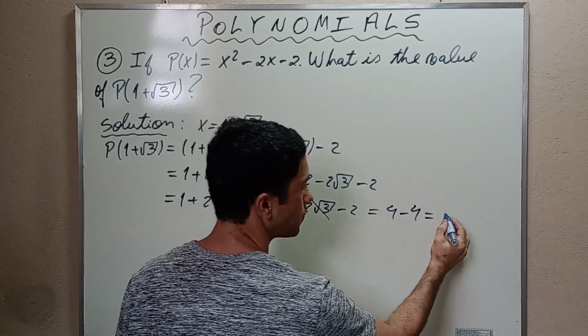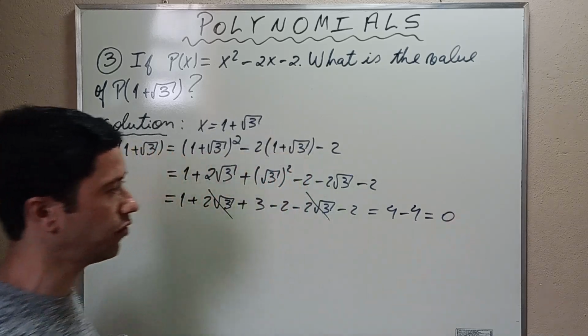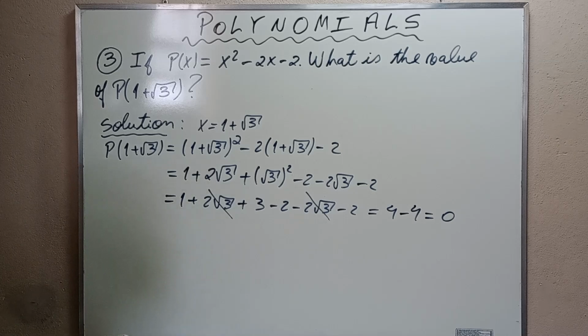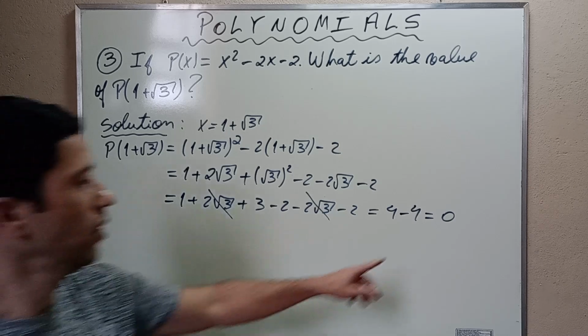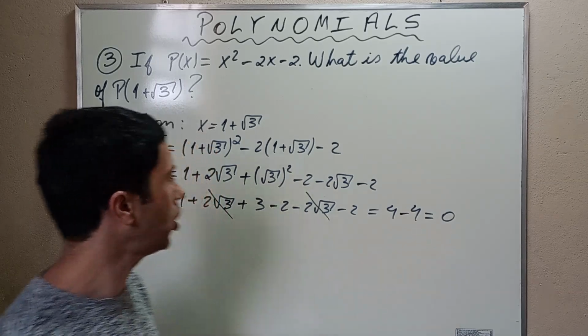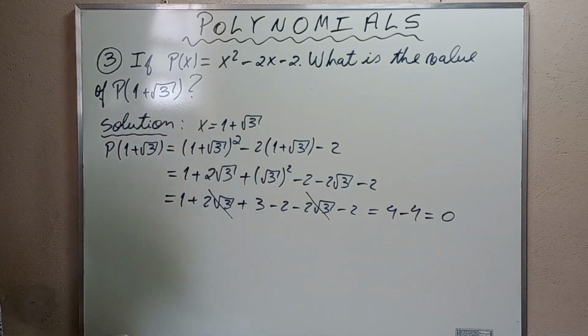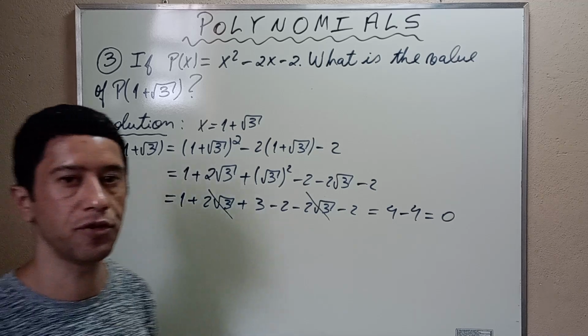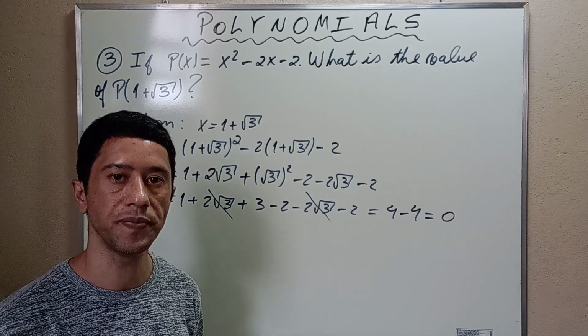And this subtraction results in 0. Alright? Then the solution of this exercise is 0. Okay? Simple, isn't it? That's all, my friends, for exercise number 3. Let's go to the next.